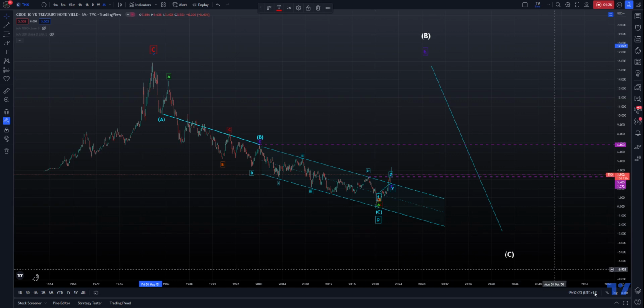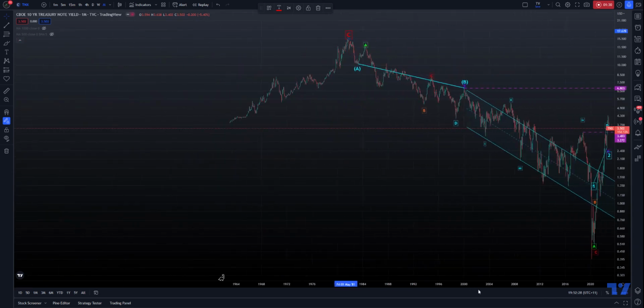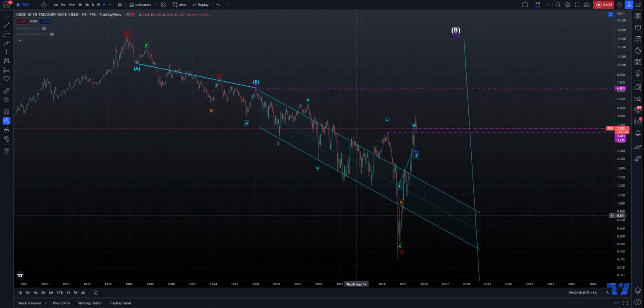If you look at this chart on a log scale, it gets a bit messy, but it actually just shows how crazy low interest rates went from October 2018 to March 2020. And it does not break one single rule either.